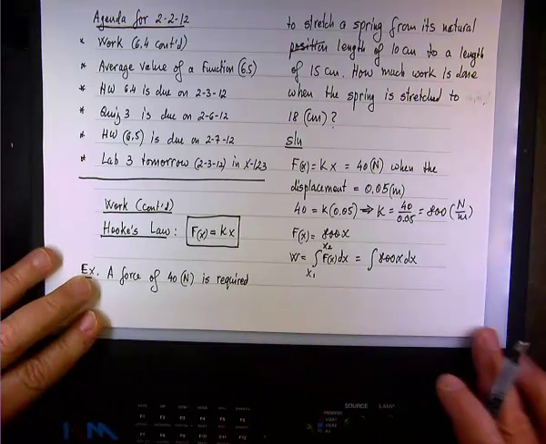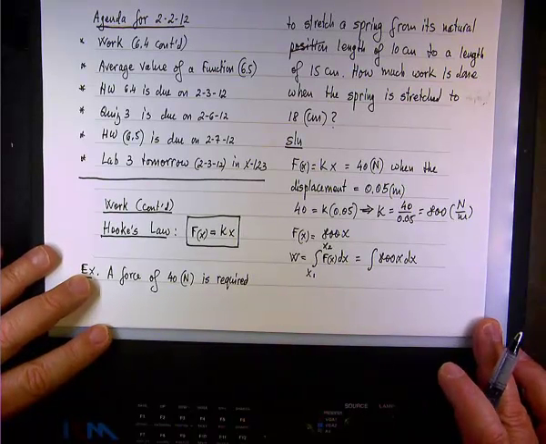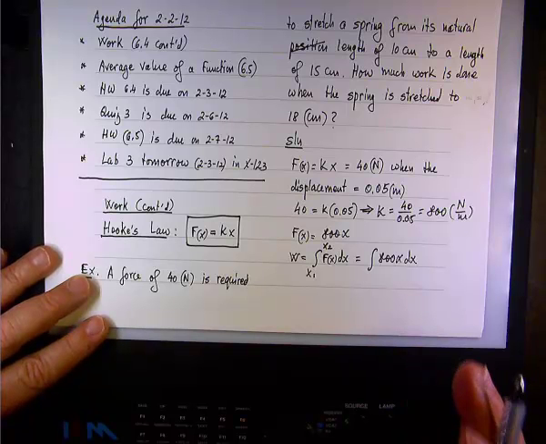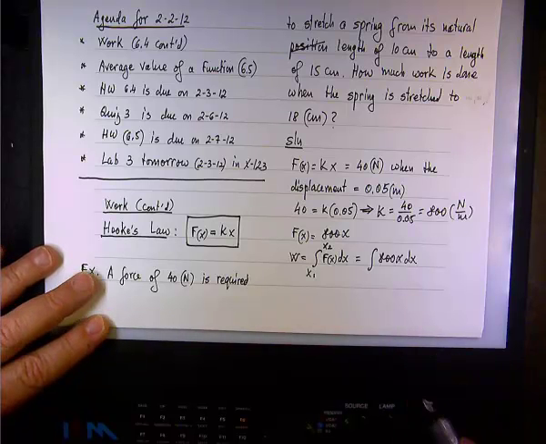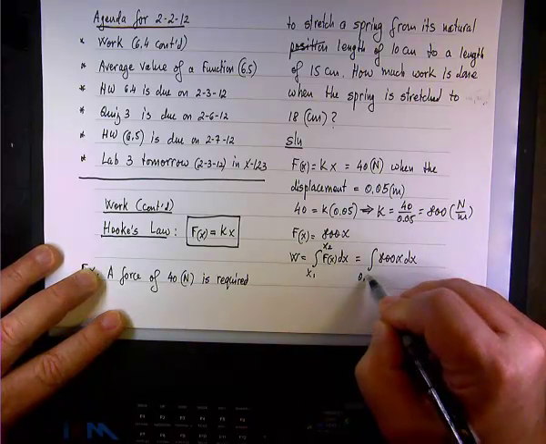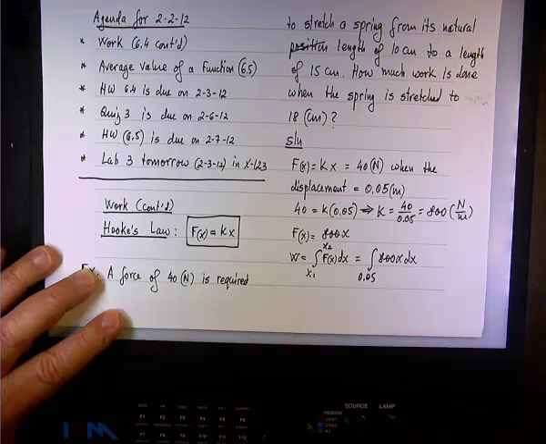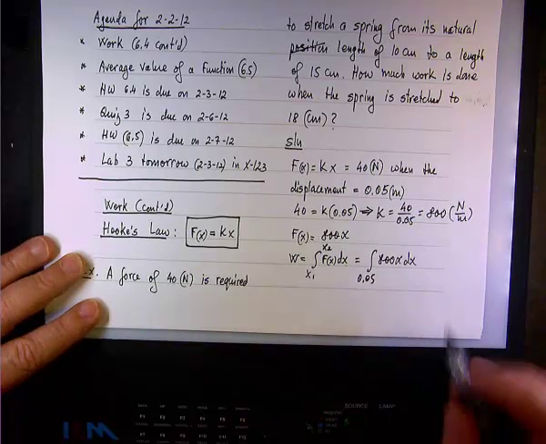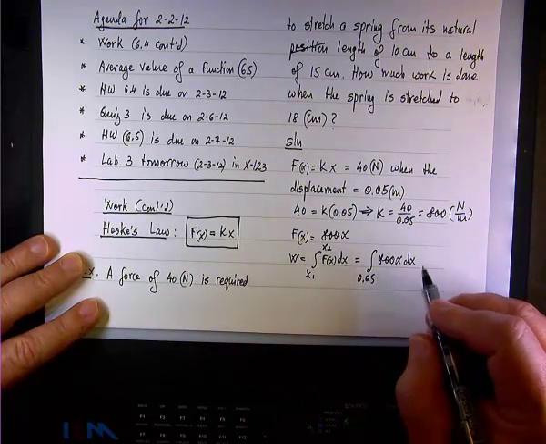What I said is incorrect, because we need to go from the natural length. So 15 centimeters is 5 centimeters off the natural length. So x1 will be 0.05. And x2 will be 0.18 minus 0.10, so x2 will be 0.08.